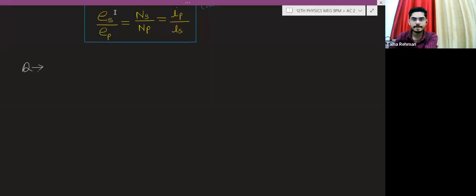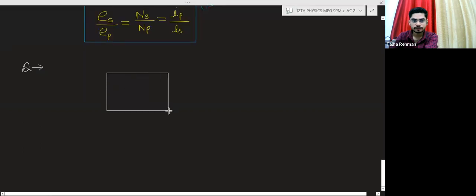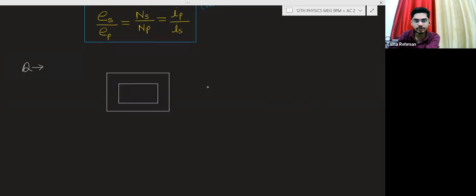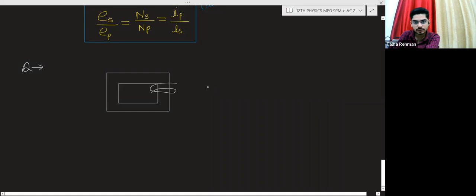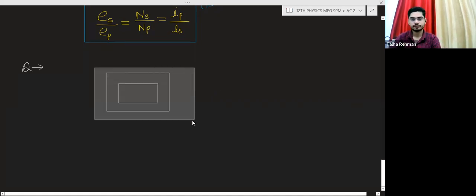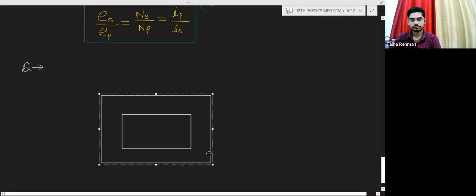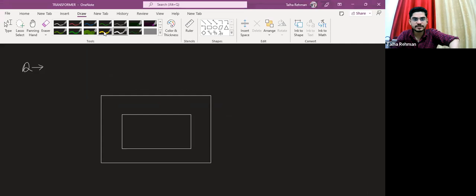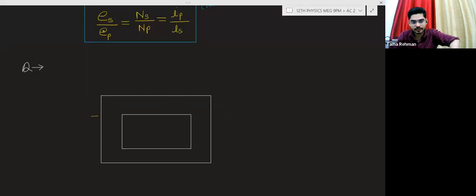Okay, so here this is a soft iron core, and on this soft iron core winding is there like this.